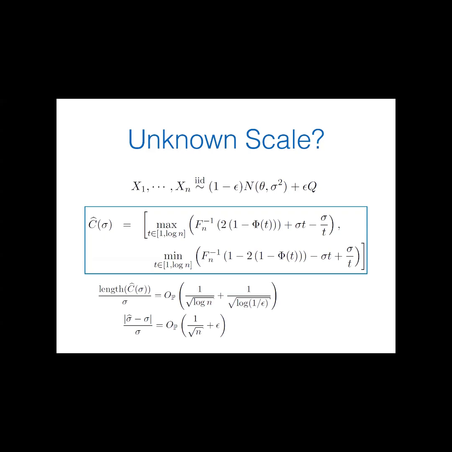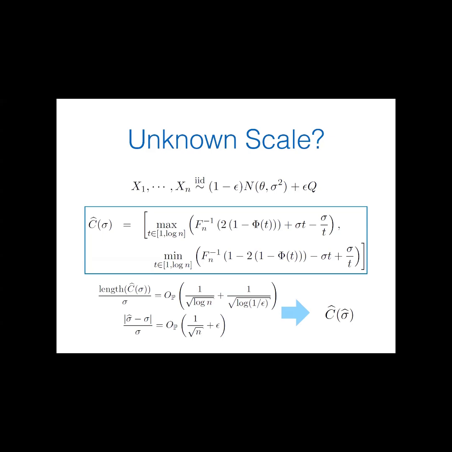Now I want you to compare these two rates, right? So it turns out the estimation error of sigma is much faster than the optimal length of the confidence interval for theta, right? So if you notice that, it's very intuitive to expect that just by plugging in sigma equals sigma hat, it's going to do the work, right? This is exactly what I told my collaborator Viet-Tien, it should work.